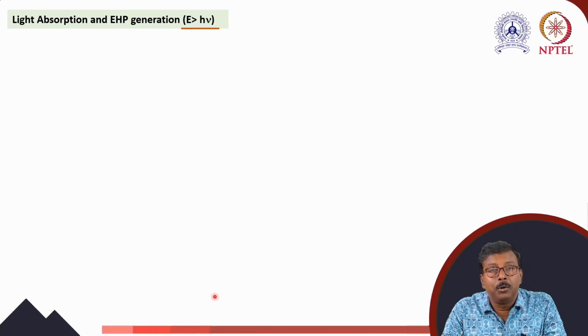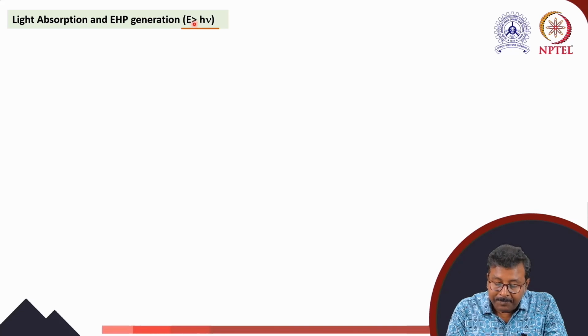Now the case is important when h nu is greater than E g. I have considered in the last figure that the energy of the photon is equal to h nu, and that energy is transferred to the electron in the valence band, which migrates to the conduction band, leaving behind a hole.